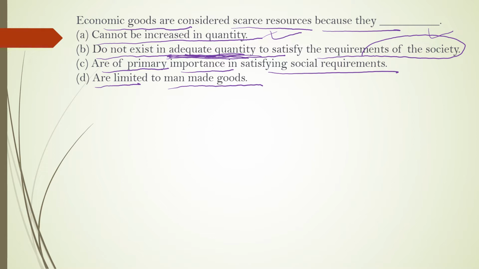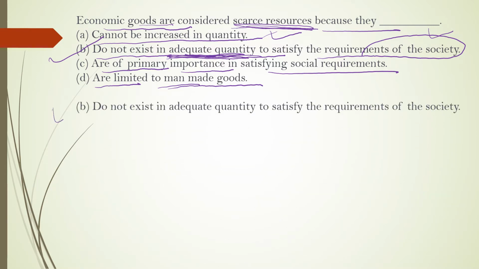No, it is not limited only to man-made goods. Even all those goods available from nature are also considered here. If they are scarce in relation to our wants or the social wants, then the economic goods are considered scarce resources. That is option B, do not exist in adequate quantity to satisfy the requirement of the society. So the right answer is B.